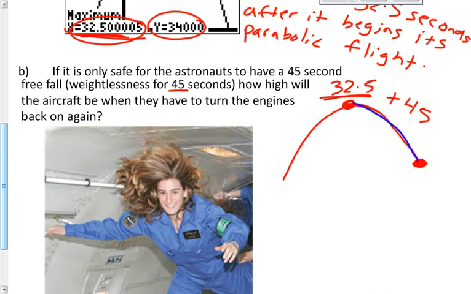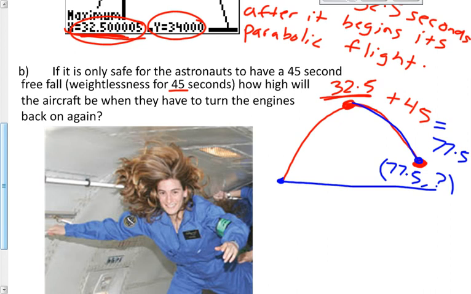So in comparison to 0, which is right here, where is this point? 32.5 plus 45, adding those two up, would be 77.5. So I want to find what the y value is when x is 77.5.